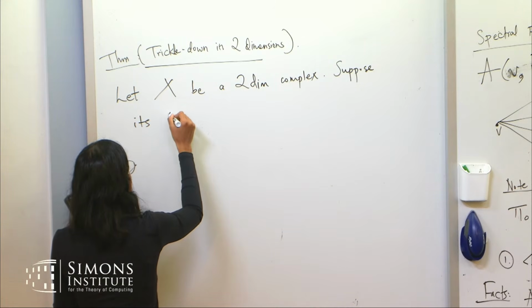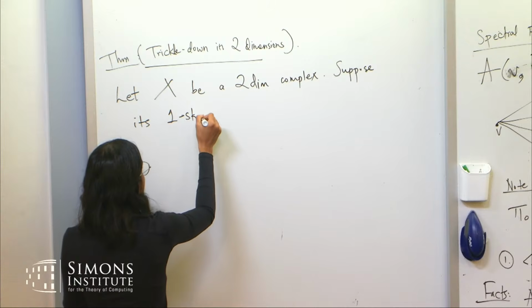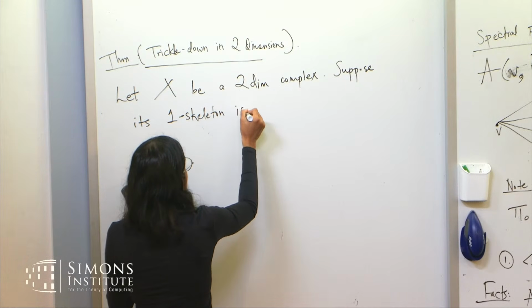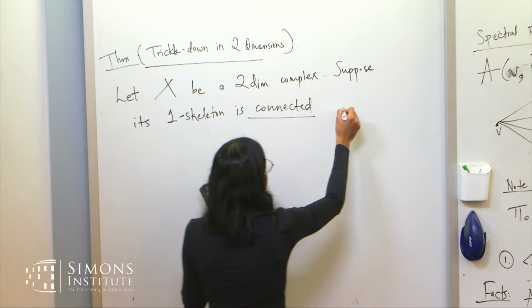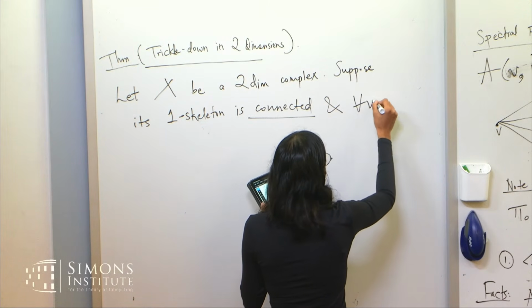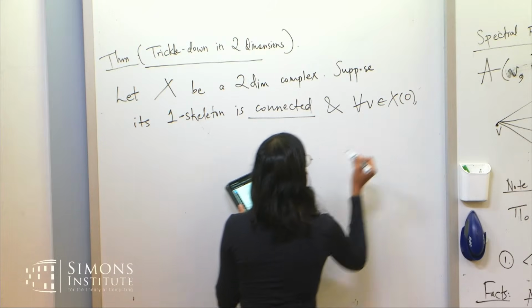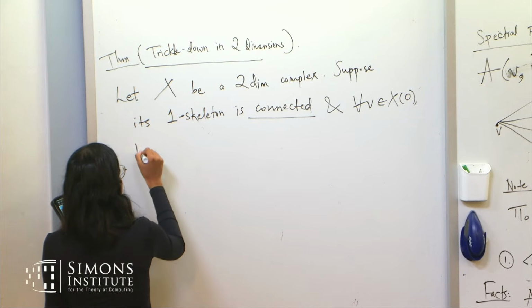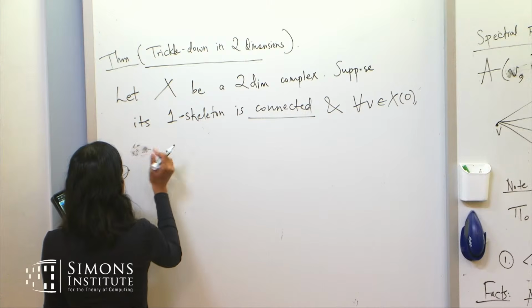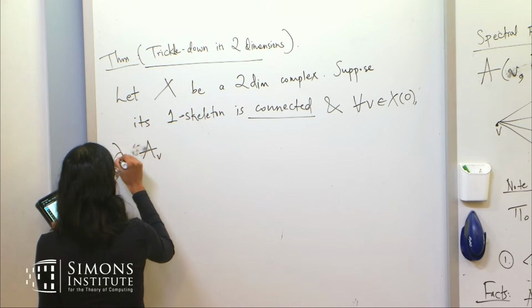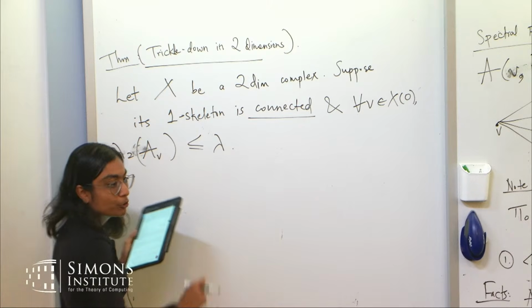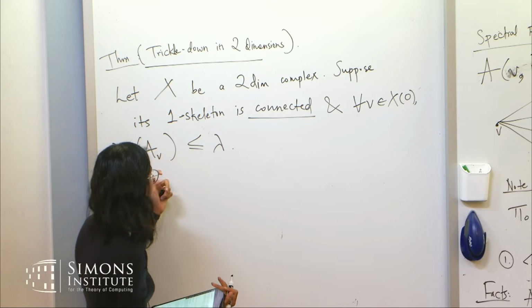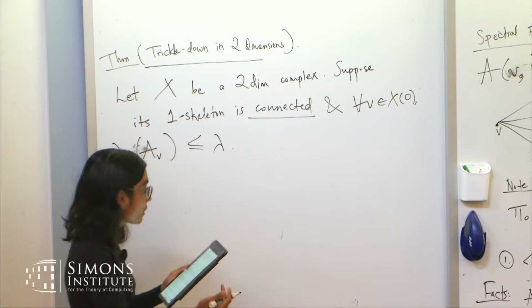Suppose the one-skeleton, which is just the base graph, is connected. And for all V, the eigenvalue of the normalized adjacency on V is at most lambda.